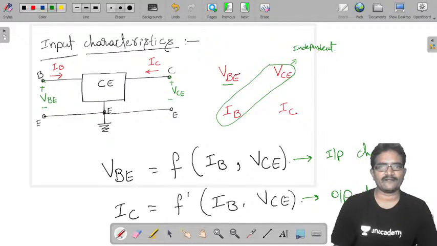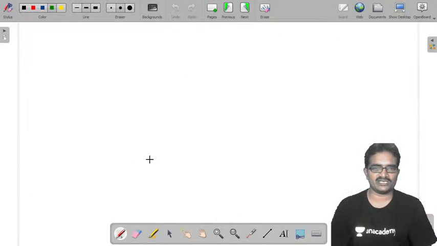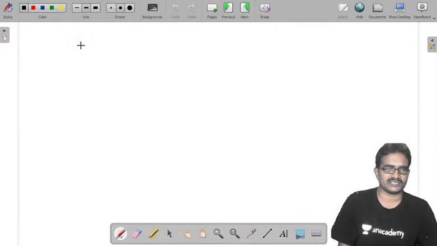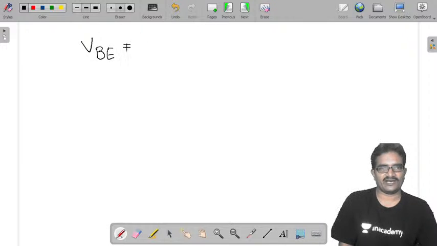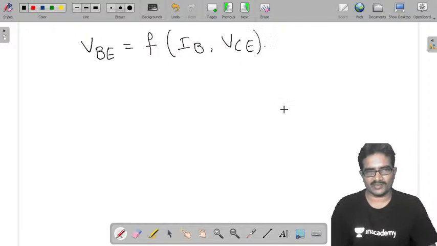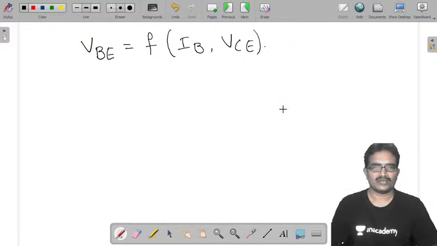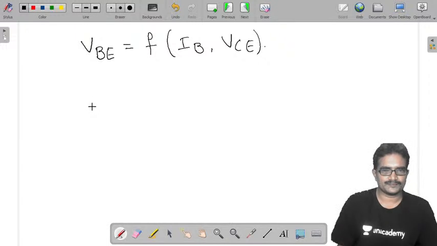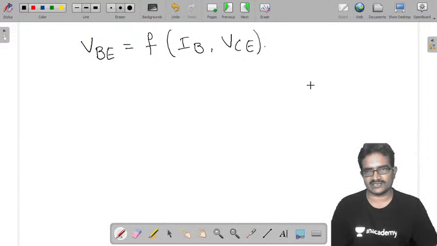The window is loading. So our equation is, VBE is a function of IB comma output voltage VCE. That means here is our transistor in common emitter mode.